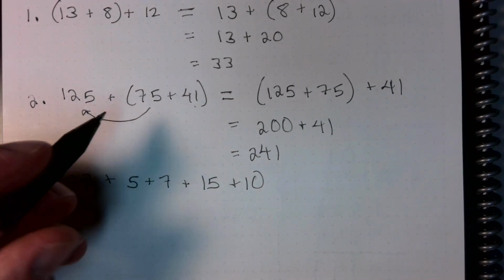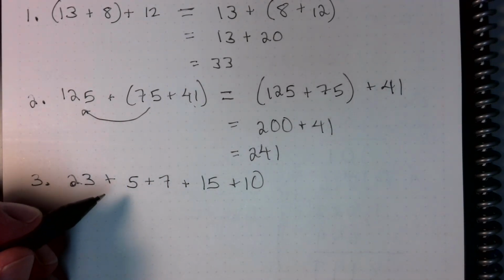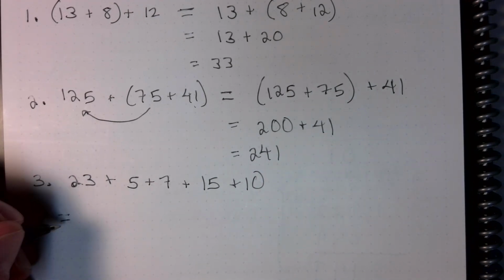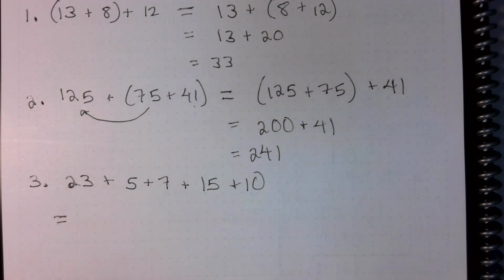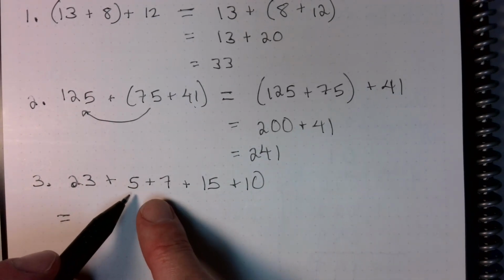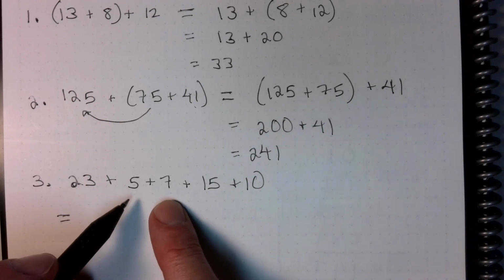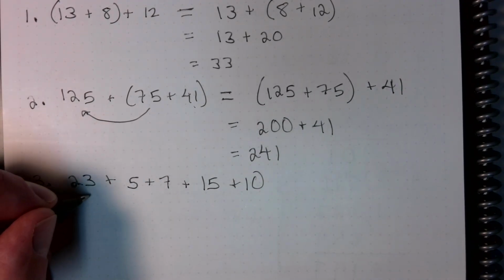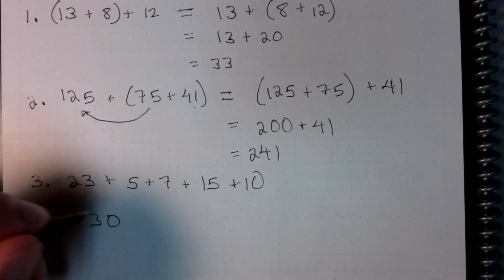Okay, so I'm going to bring this 7 over by the 23 because the commutative and associative properties together basically say I can do this addition problem in any way that I choose. I don't have to do 23 plus 5 and then add the 7 to that. I can take the 7 and add it to the 23 first. Well, the 7 plus 23, of course, is 30.